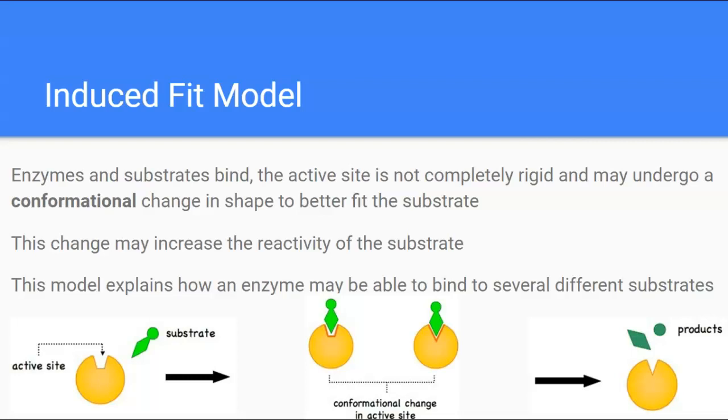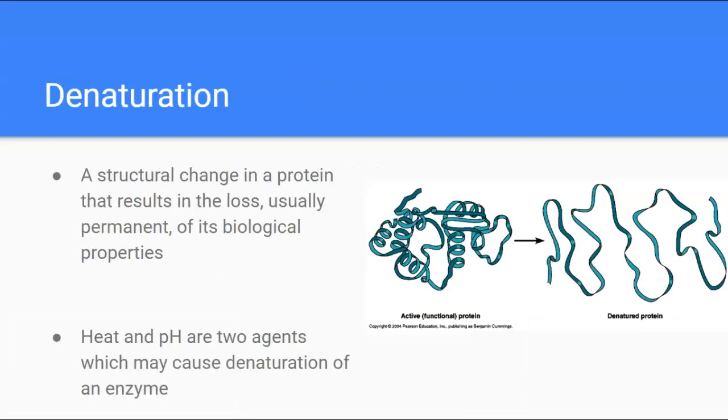By going through that change, it allows for multiple different shaped substrates to bind with it. So even though, as you can see, this active site is not exactly the same shape as the substrate, it will go through a conformational change, and it will break down into the products just like we've seen other enzymes do. So this explains how an enzyme may be able to bind to several different substrates instead of just one.